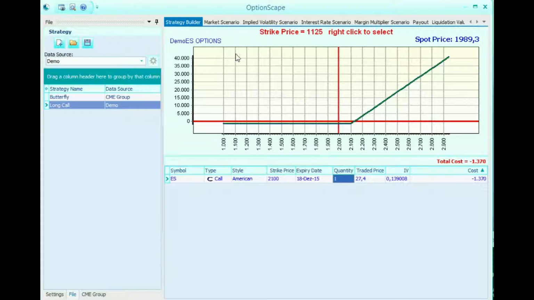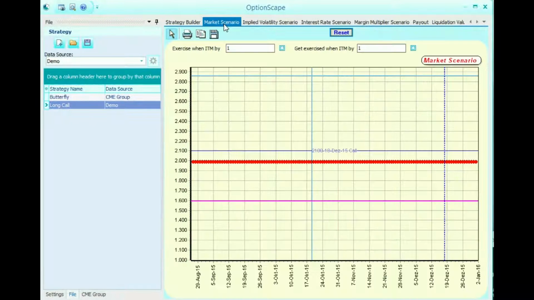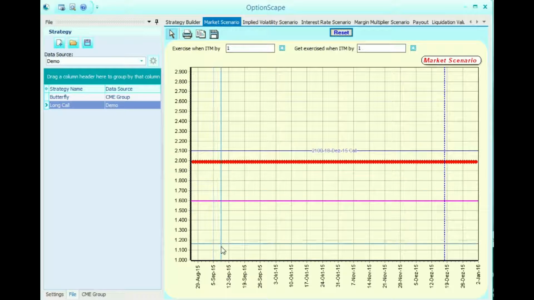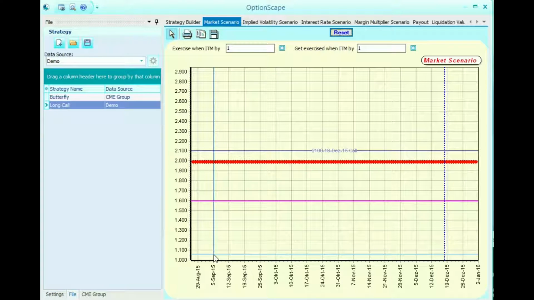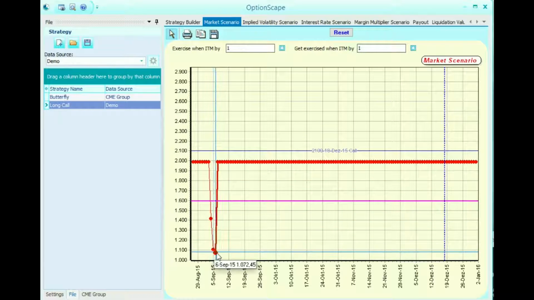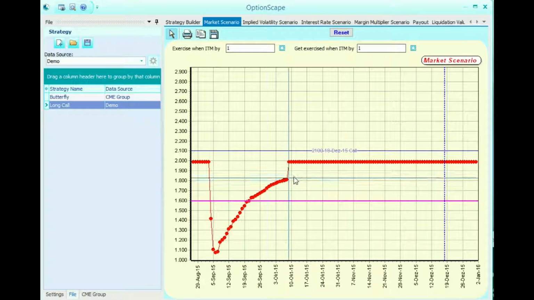What I now would like to do is changing market scenarios. If I do nothing, the price of the underlying stays the same. I would like to simulate the crash at the beginning of September. Here's the 5th of September, so the market should have a sharp crash, and then have a recovery.